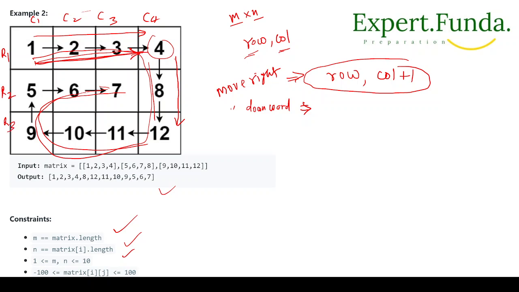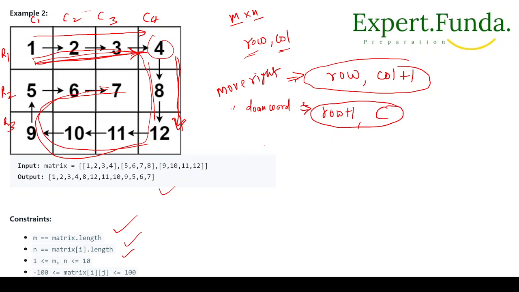So when we are moving downward, only C4 will remain the same, meaning C will remain the same. Then the row will increase, so this time we'll say row plus 1.